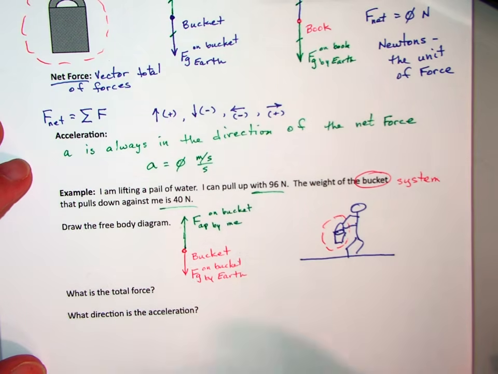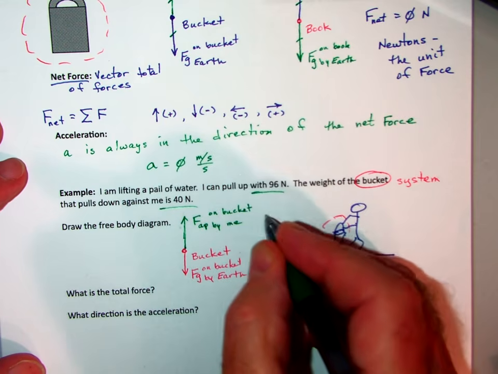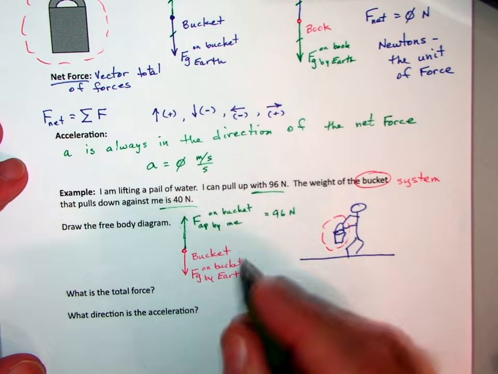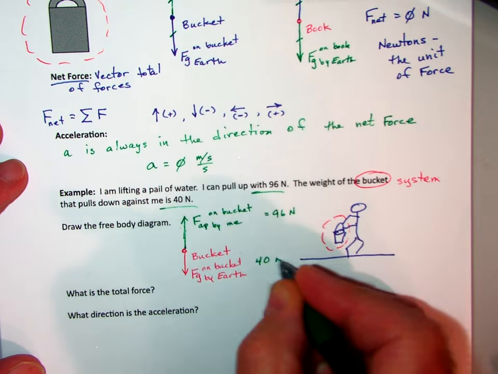And in this case, we actually can quantify. So we know that this upward force is 96 newtons, and this downward force is 40 newtons.